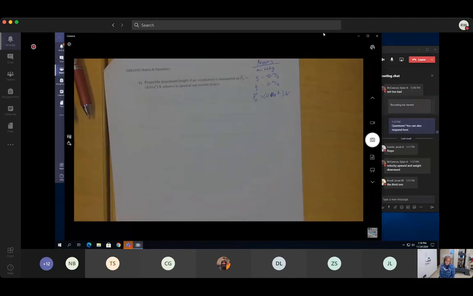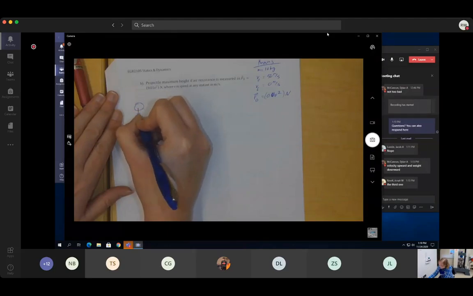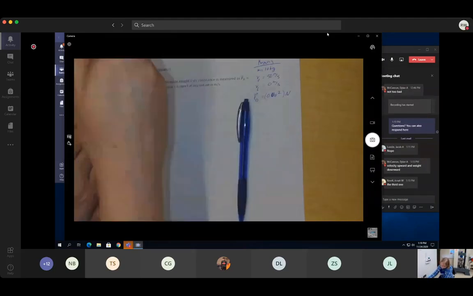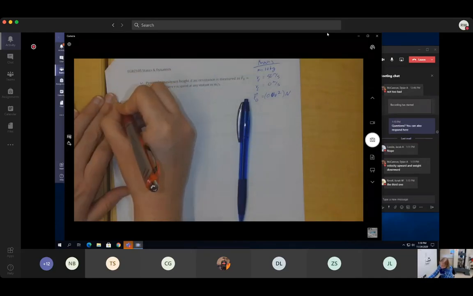Okay, so now we've got a little bit of a different situation. Okay, so if we draw our free body diagram, we've got our weight, and at this point we've sent our projectile upward.